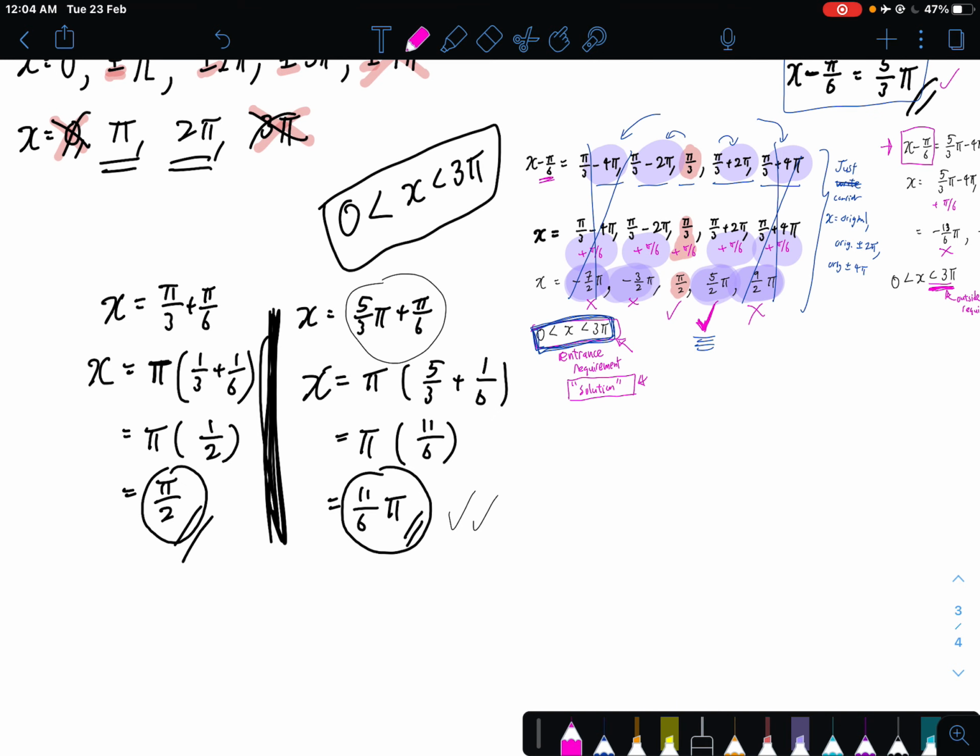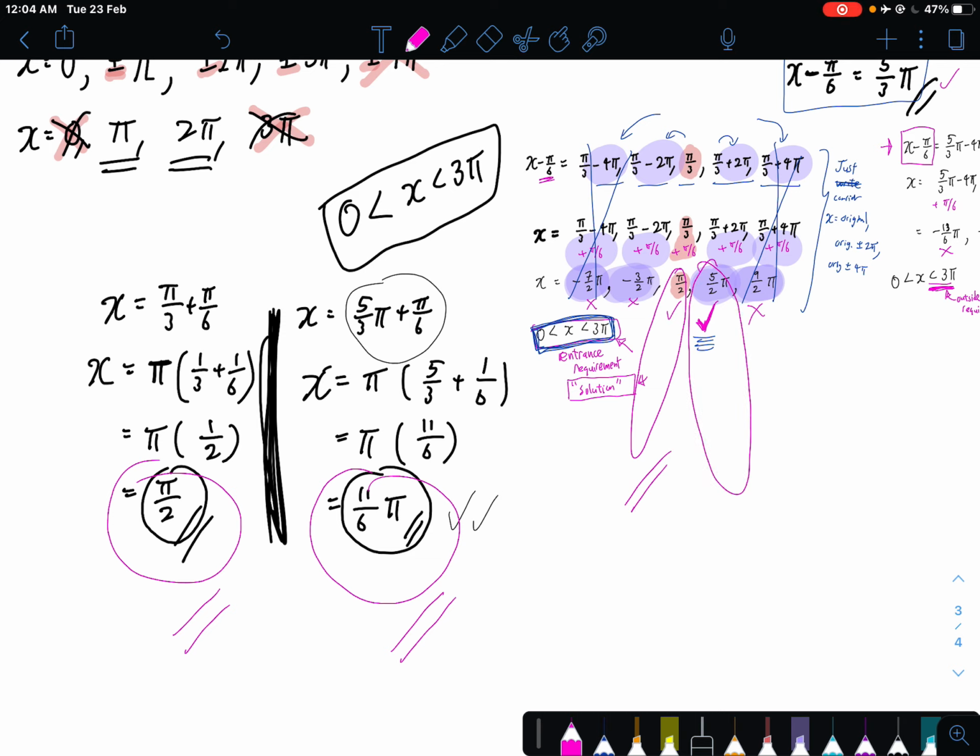We managed to find pi by 2, 11 pi by 6, pi by 2, our original answer, but we also found an extra 5 over 2 pi as an answer. This is commonly missed out. Why? Because you didn't do the plus minus 2 pi, plus 4 pi, minus 4 pi. Then you will miss out.